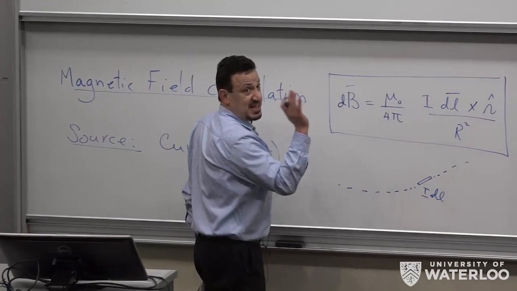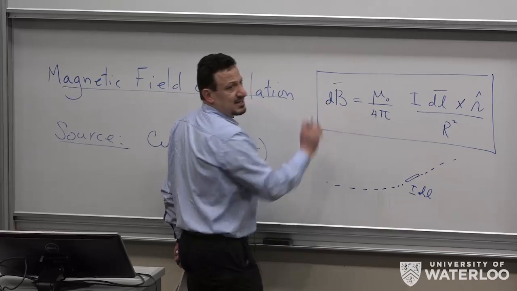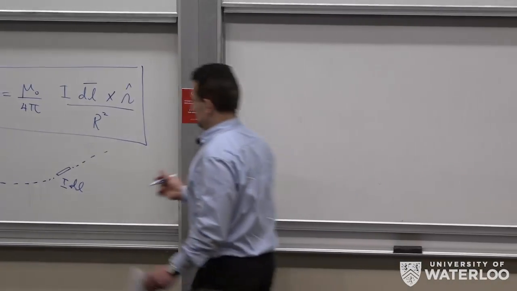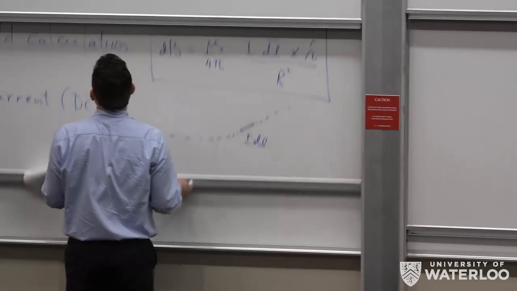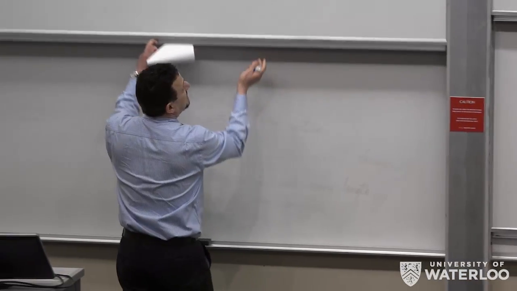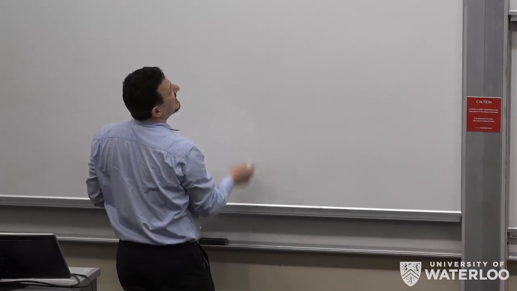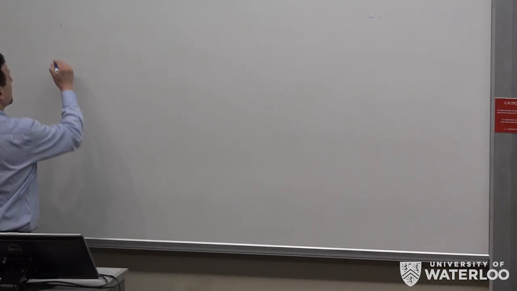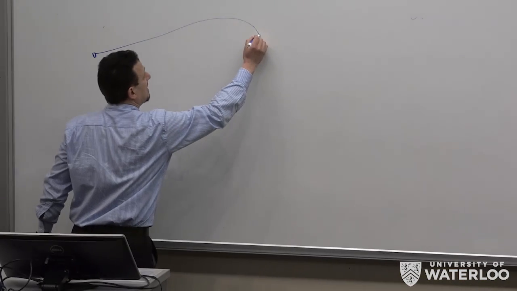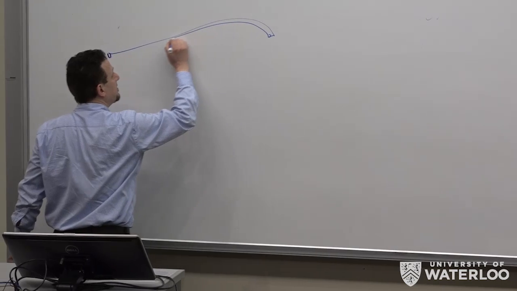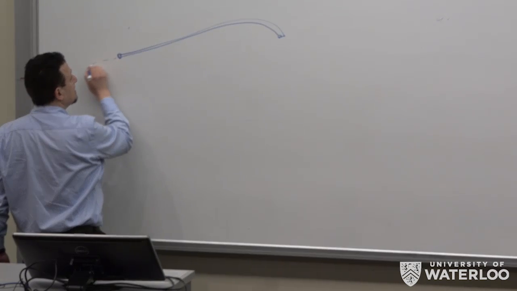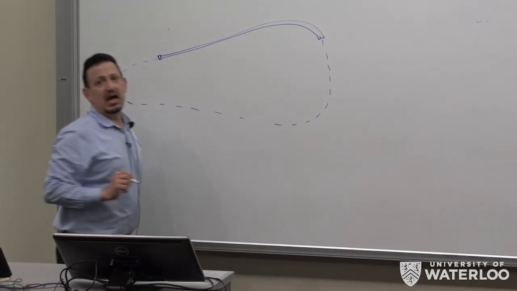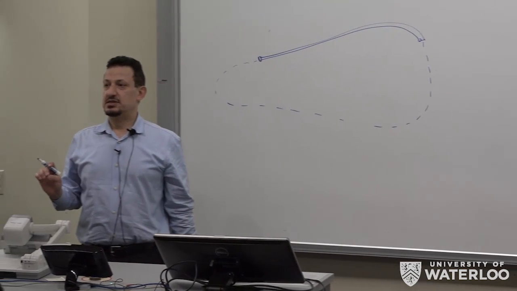So the understanding is that we're not done yet. This formula is with the understanding that I have a wire that is creating a closed loop.